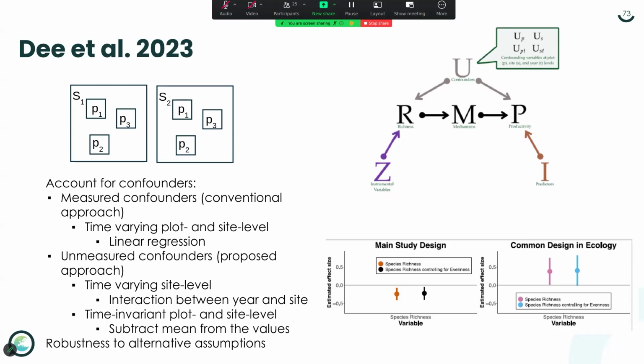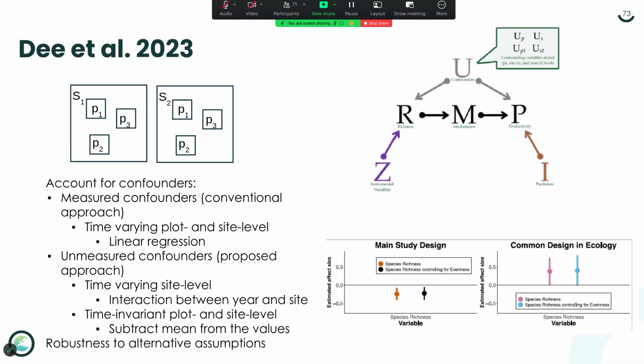So in a classical approach, you have some measures of confounders, like climate or temperature, and then you just add that into a linear model as an explanatory variable, and that's basically it. That way you have crossed that link.